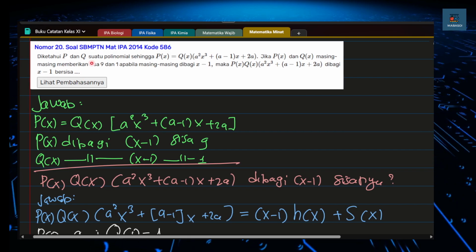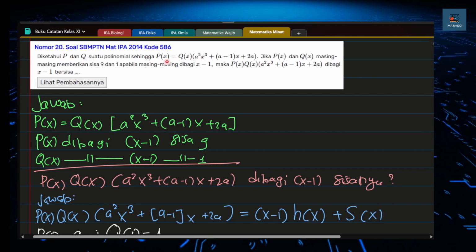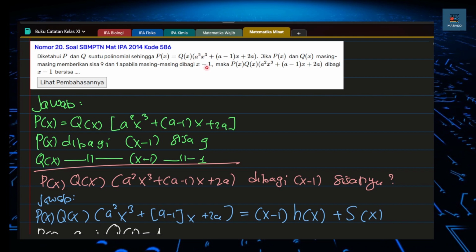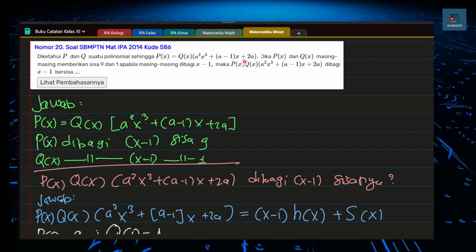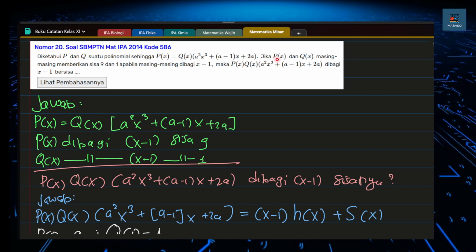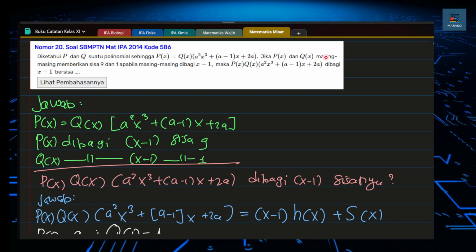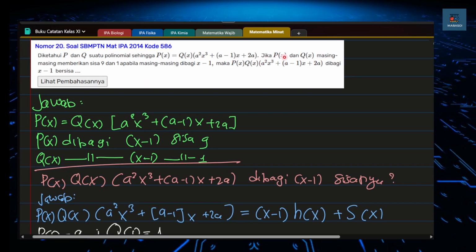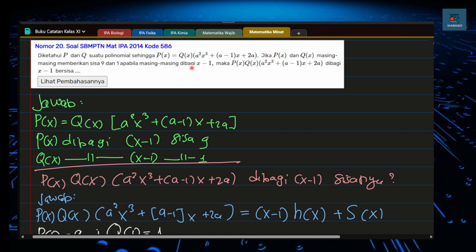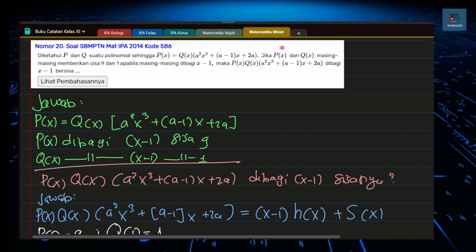We know polynomials p and k such that p(x) equals k(x) times (a squared x cubed plus (a minus 1)x plus 2a). From the question, if p(x) is divided by x minus 1, the remainder is 9.